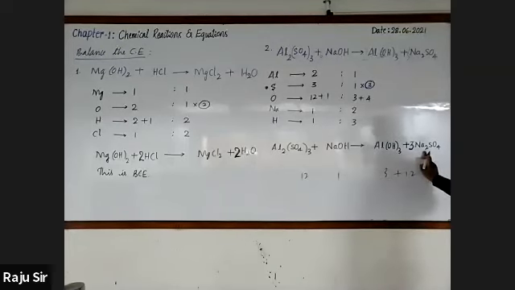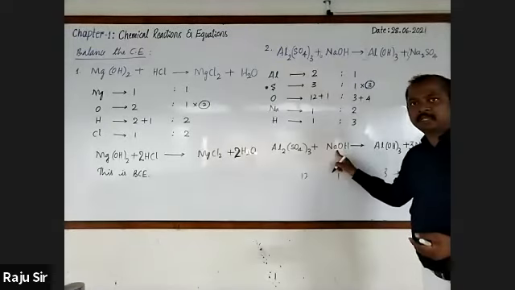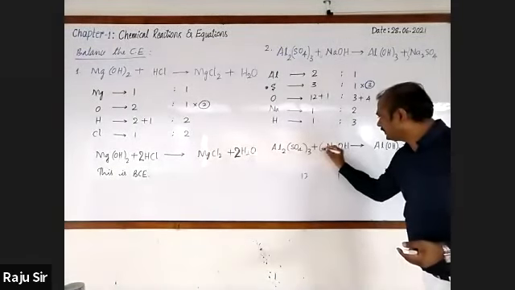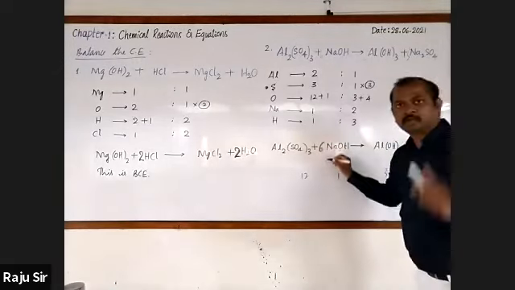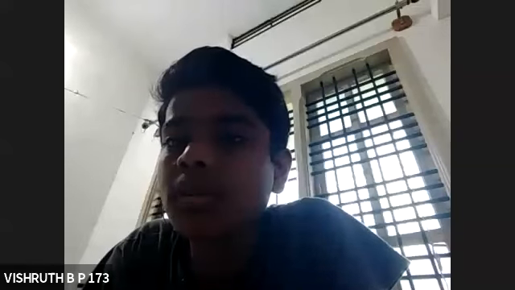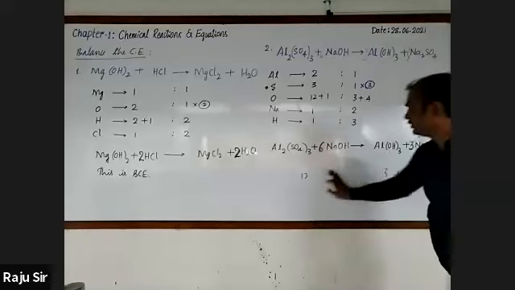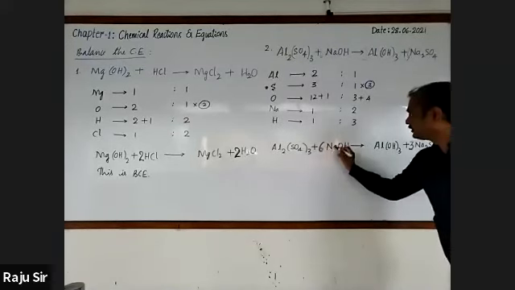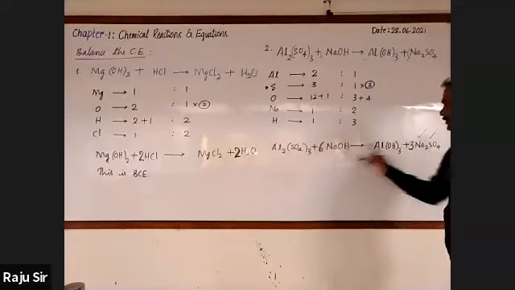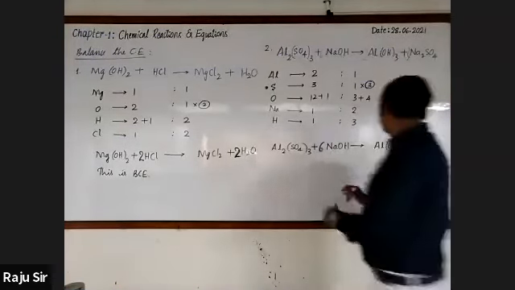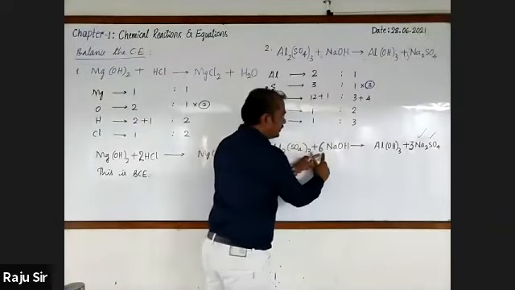I go for taking sodium. 3 twos are how much? 6. 6 atoms of sodium. Here only one atom is there. Hence I go for writing 6. Clear? Now sodium atom is balanced, sulfur atom is balanced. Next, hydrogen.